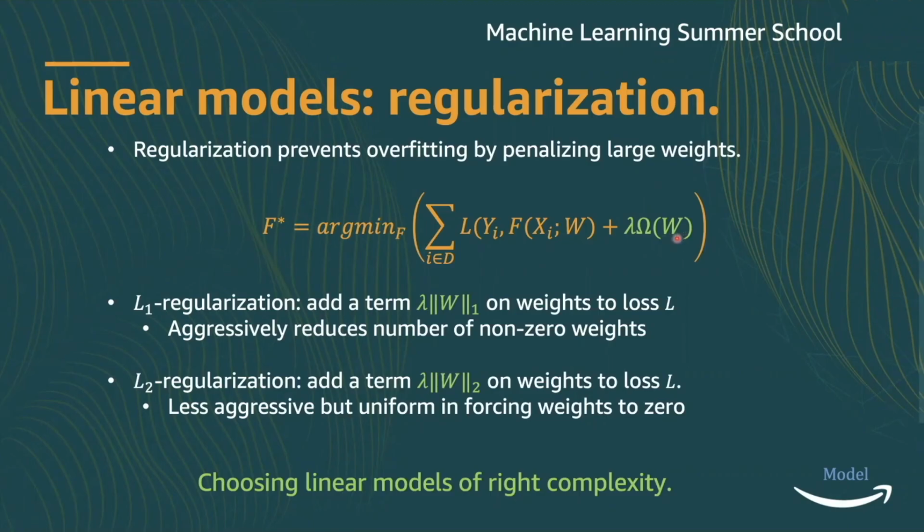Your model is parameterized by parameters W, and you would add a function of your parameters W as a penalty, with an additional parameter lambda that you control to ensure your model has the right complexity.